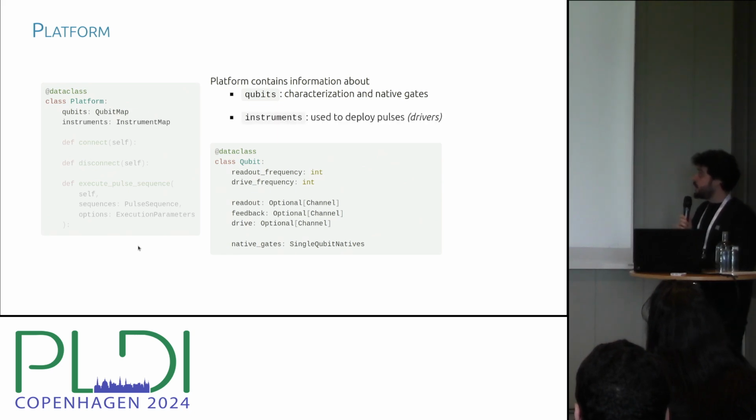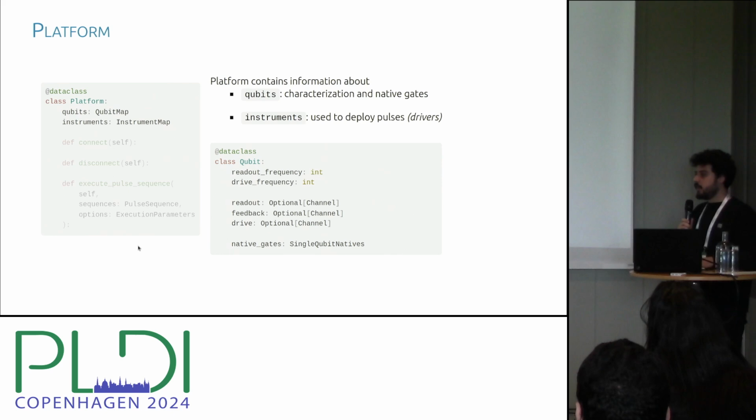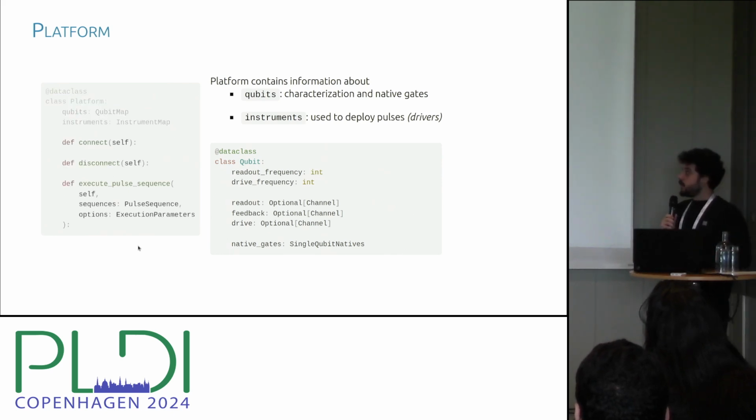And then we have the instruments. The instrument class contains all the low-level drivers in order to control that specific lab equipment. At the end, the platform class will also have specific methods like connect, disconnect the platform, and execute pulse sequence.